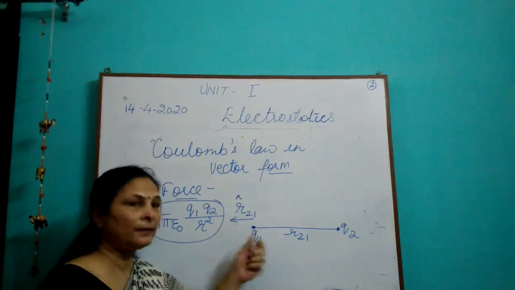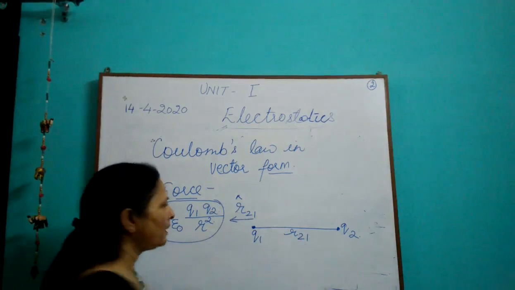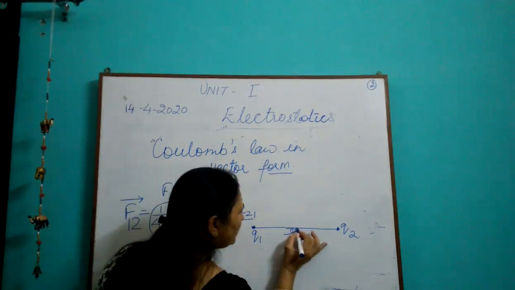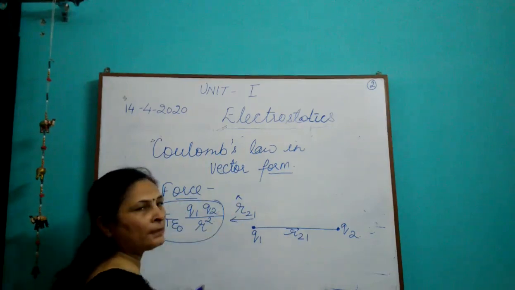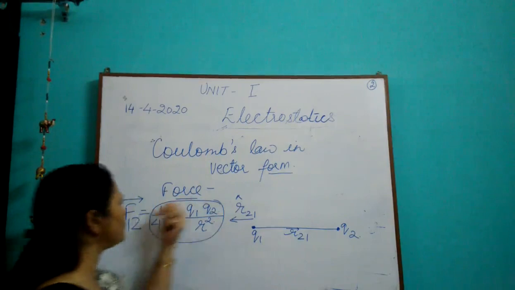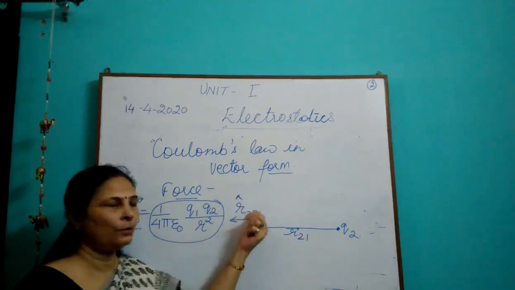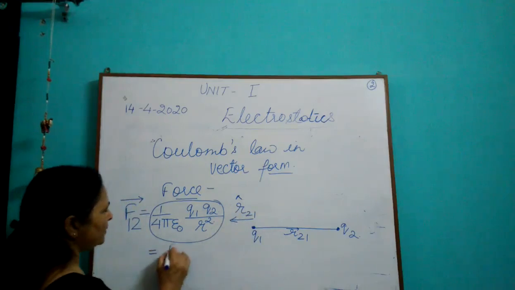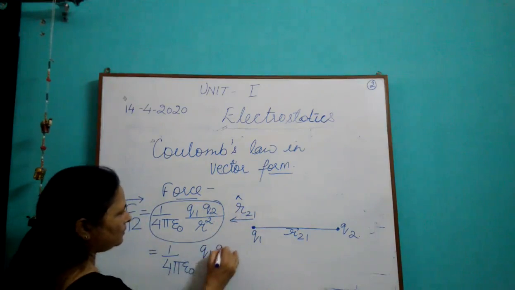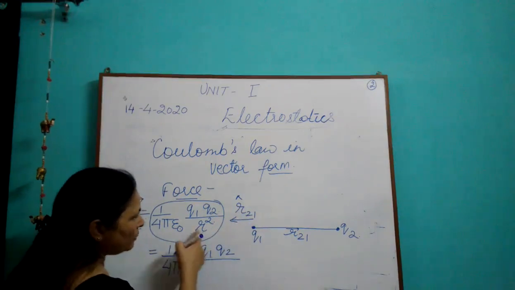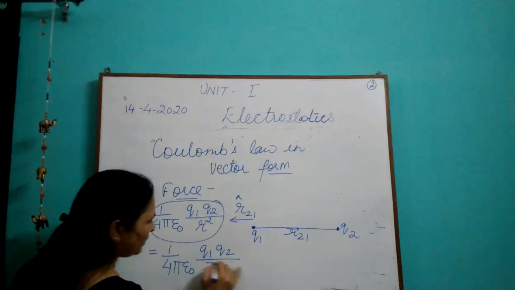The direction is in the direction of vector R 2 to 1, but I cannot use vector R 2 to 1 over here, because that will change the magnitude. So I'll use the unit vector R 2 to 1. This can also be written as 1 by 4 pi epsilon naught Q1 Q2, and this will also be replaced by R 2 to 1. I can write it like this.